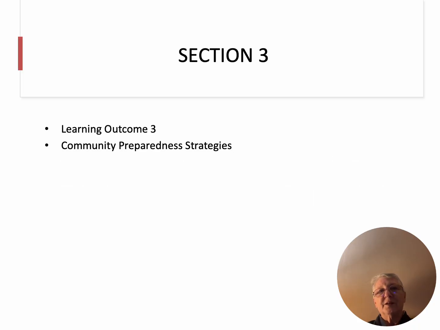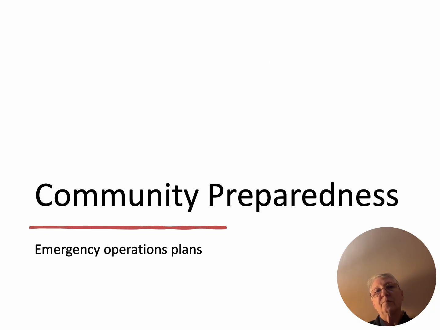So in section 3, we're going to talk about preparedness and specifically community preparedness strategies. Preparedness isn't limited to your house. It is also your community. So your community must coordinate planning across many organizations.